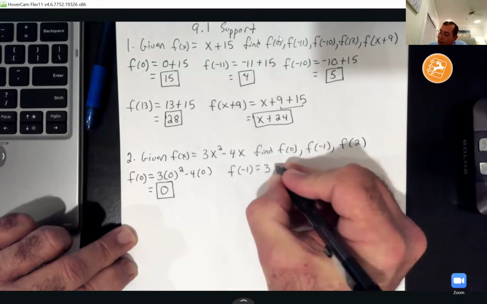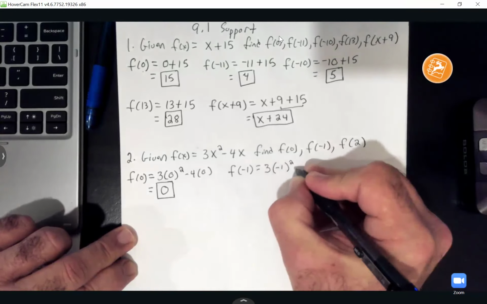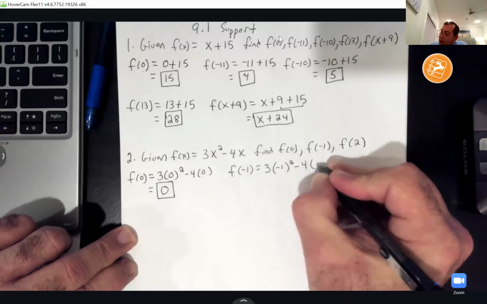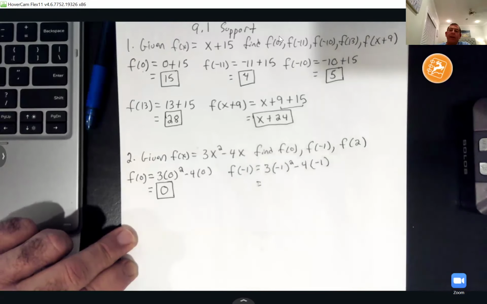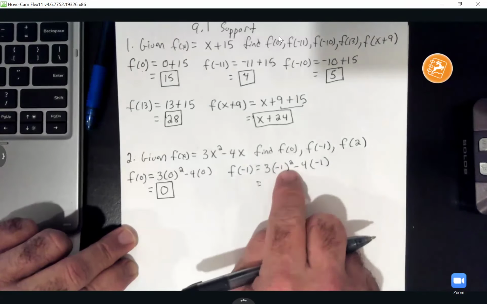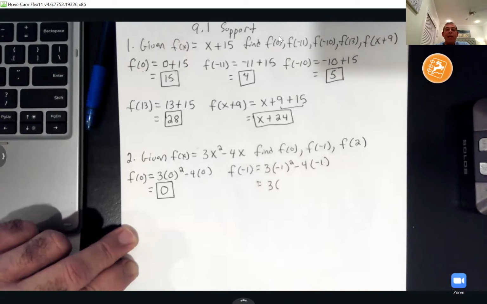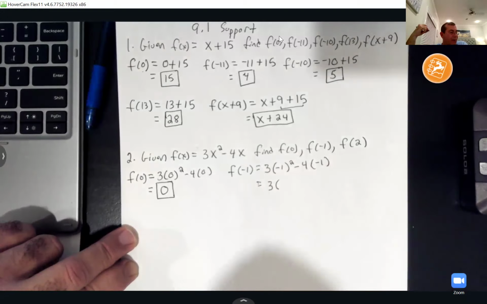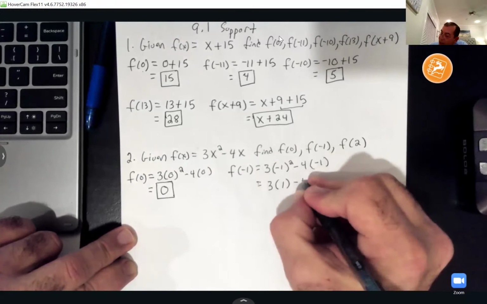All right, so let's find f of -1. So 3 times -1 squared minus 4 times your -1. So remember here, start with that exponent. So bring this 3 down. -1 squared is 1. Right, and I'm just bringing everything else down.